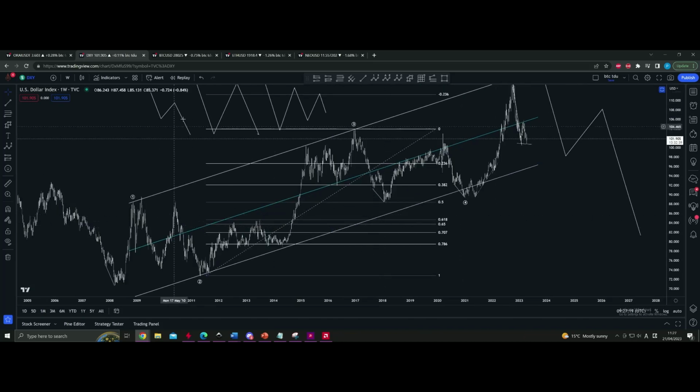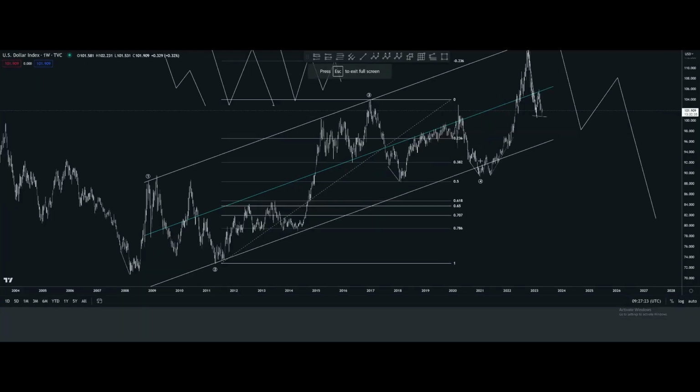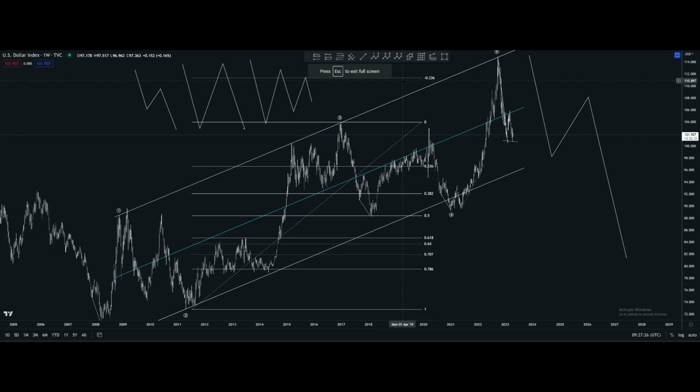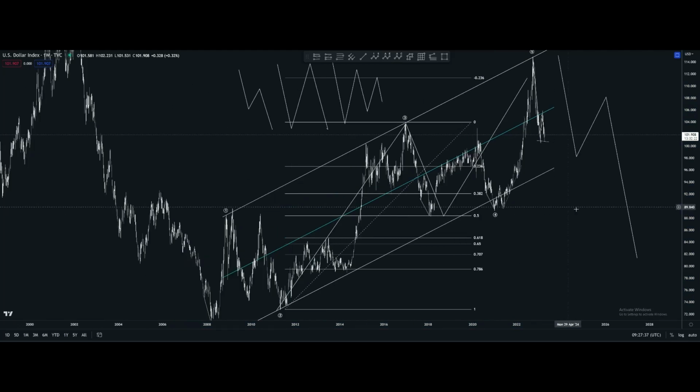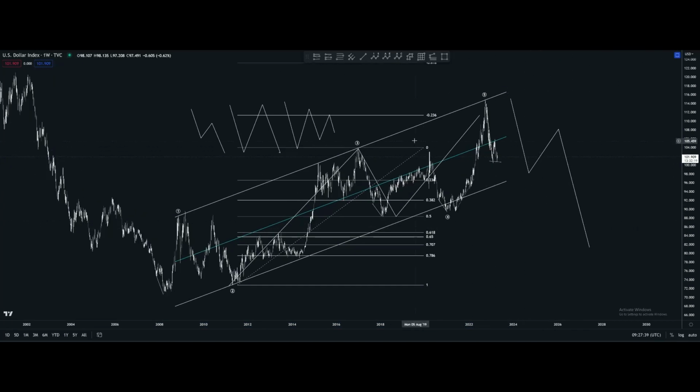This is where they defend, and let's go full screen. And their targets are minus 0.23 here. This is where they take profit. That's one measured move.